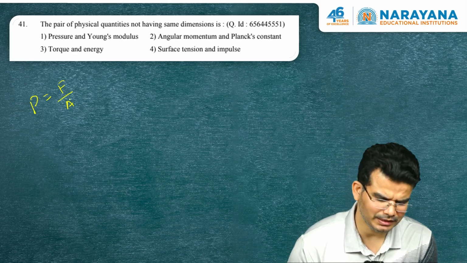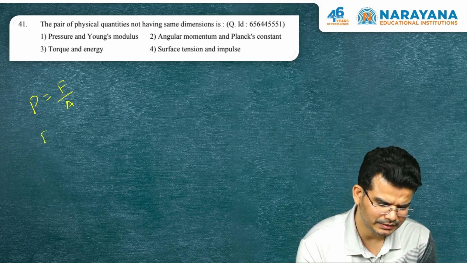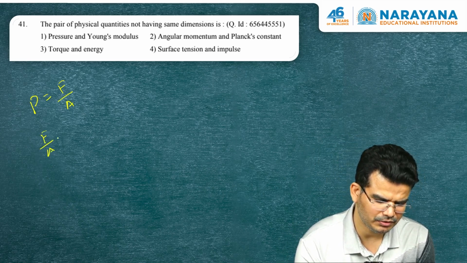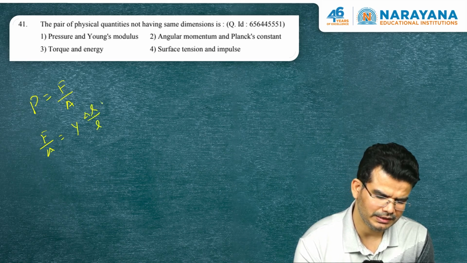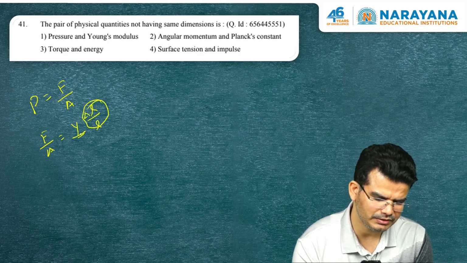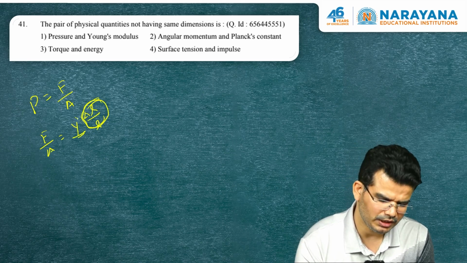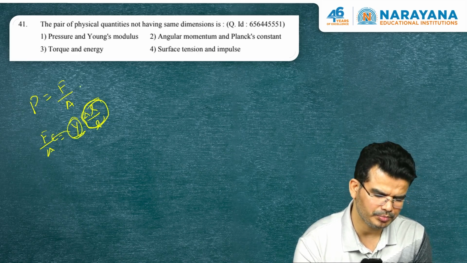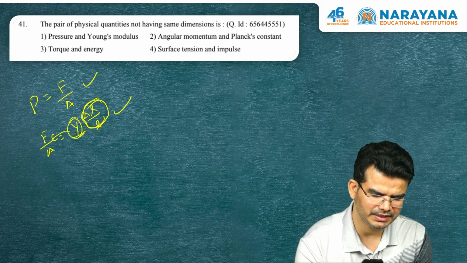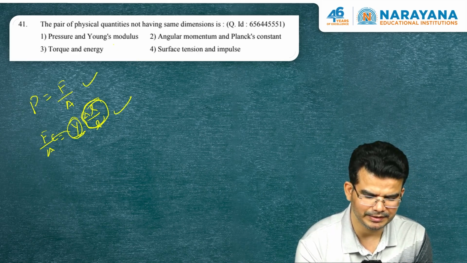We know that stress equals Young's modulus into strain. Strain is dimensionless, length upon length. So dimensionally Young's modulus is force upon area, and pressure and Young's modulus both have the same dimension.